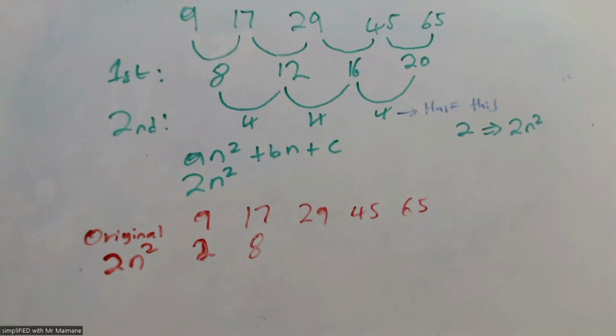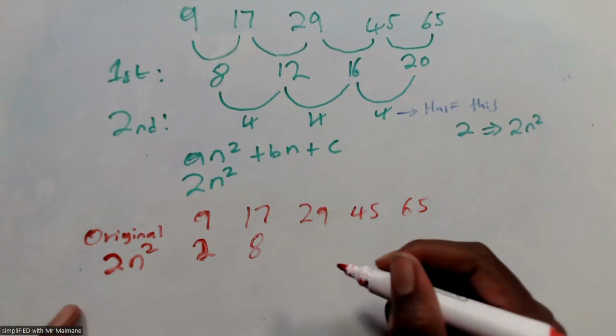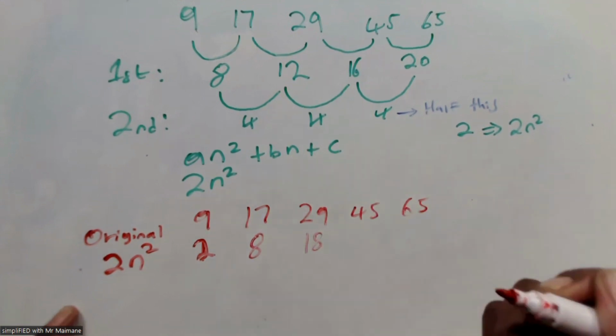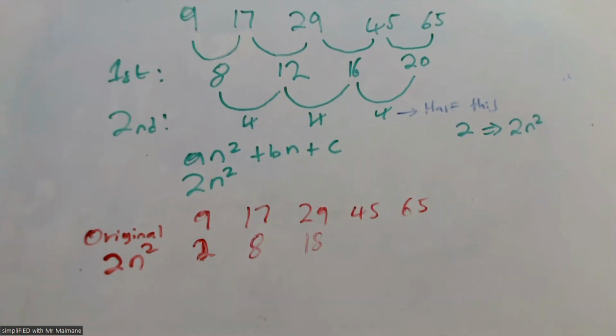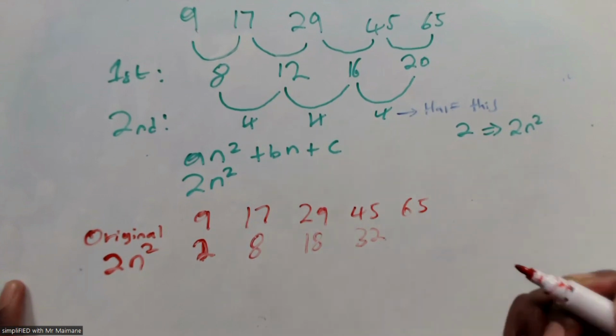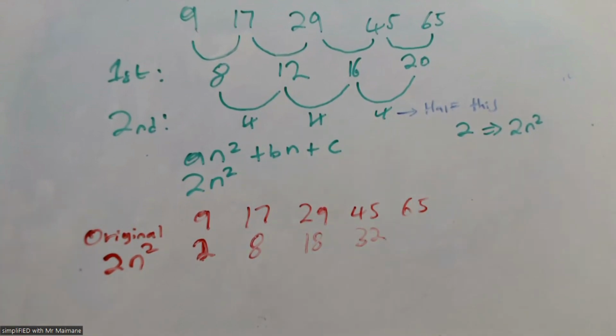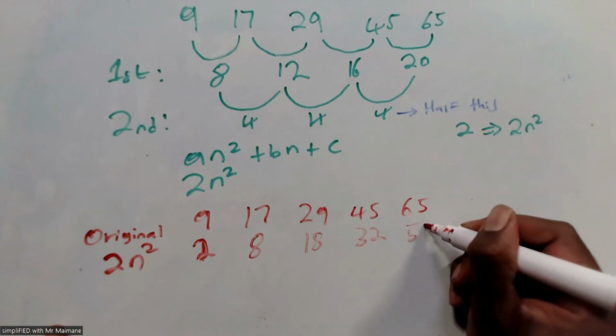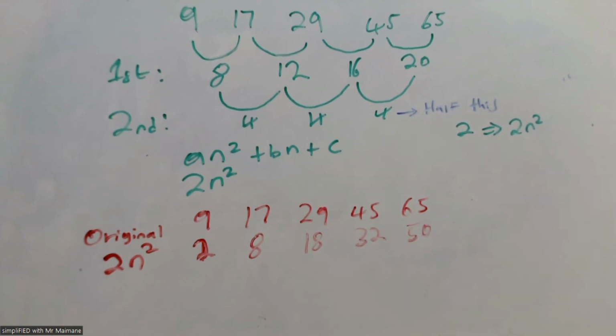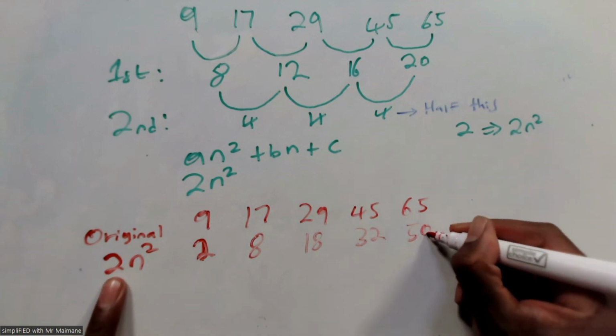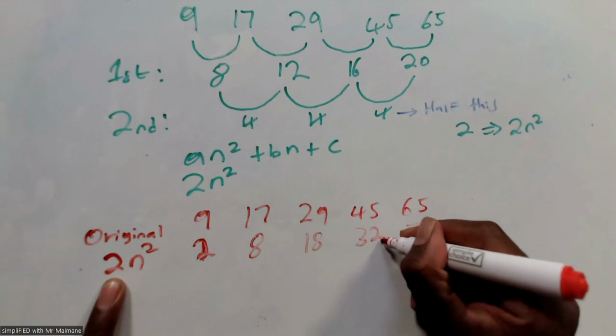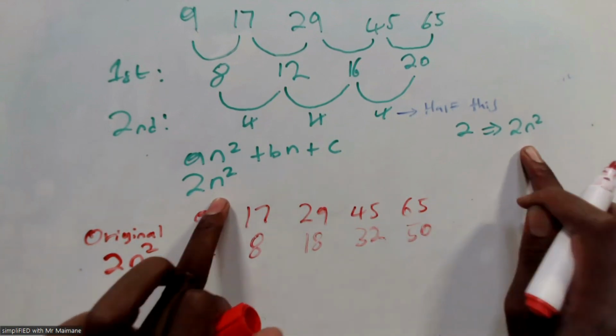The next one, if it's 3, is 18. If it's 4, 4 squared times 2 is 32. If it's 5, 25 times 2 is 50. So this is our 2n squared, because that's what we got for the value of a.